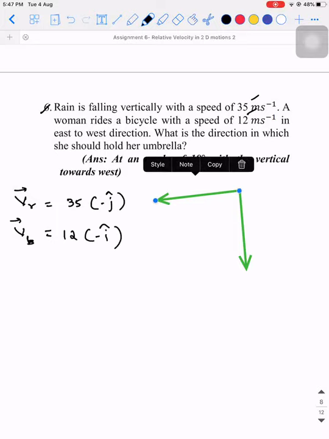So she should hold the umbrella exactly in the direction opposite to which she is feeling the rain is falling. What is the actual direction in which the rain is falling? Vertically downwards. But since she is moving, with respect to her, what will be the direction of rain?